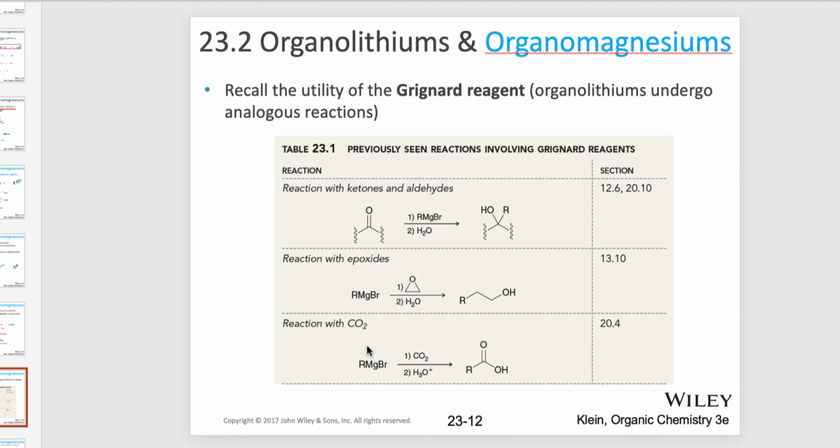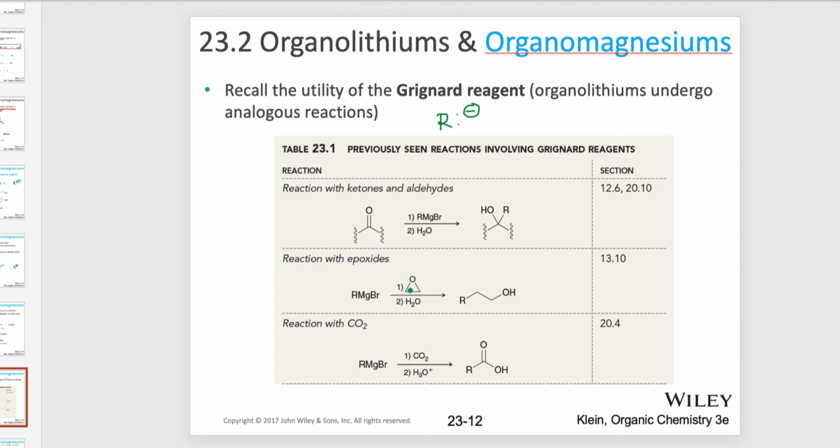Here is a review of the various magnesium compounds, how we had applied them. We had seen the addition of, again, we're thinking here about our R:⁻ as a strong nucleophile. In chapter 12 as well as in chapter 20, we discussed the reactions of carbonyl compounds. We can form alcohols.